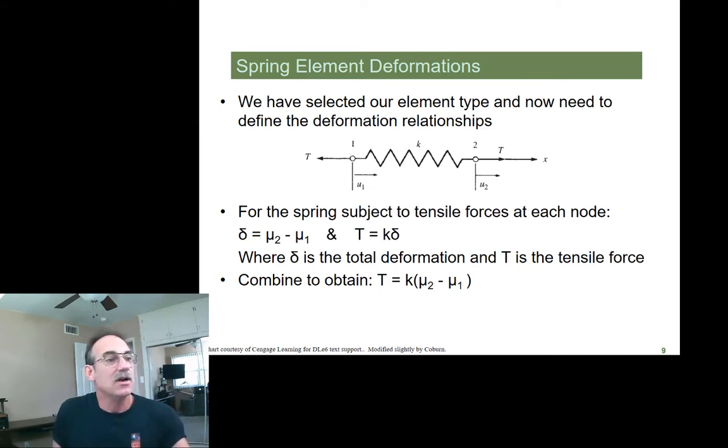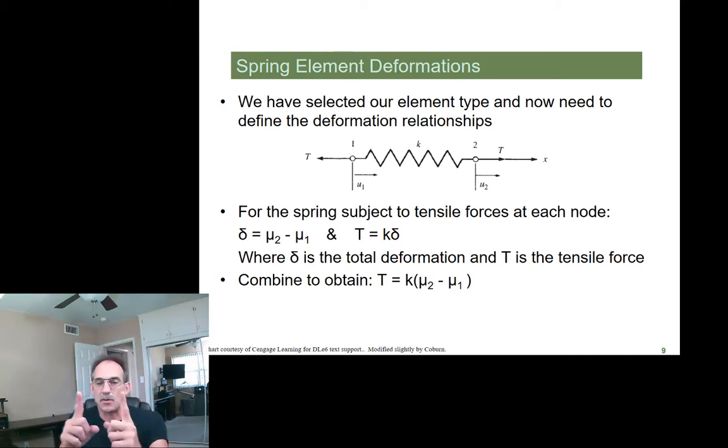We can then combine these equations to say that the tension force is just K times U2 minus U1. We could have defined T as being compressive, and then it would have been U1 minus U2, but we're going to stick with this nomenclature. So the tensile force is equal to the spring constant of the element times the difference in displacement between node 2 and node 1.